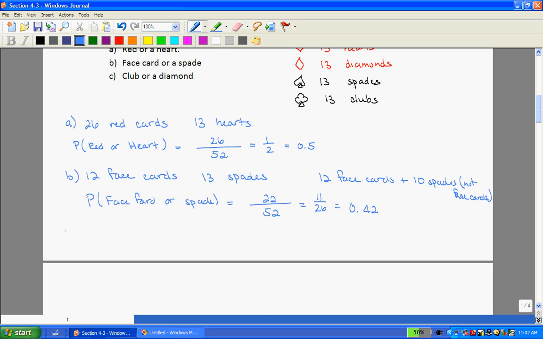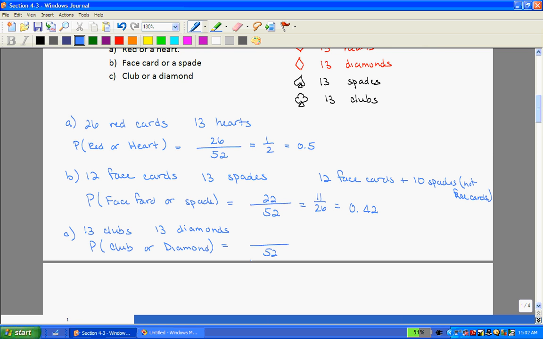Okay, one more here. Example C. A club or a diamond. Kind of like what we did before, we'll list out what we have. There are 13 clubs, and there are 13 diamonds, and we're looking for the probability of a club or a diamond.